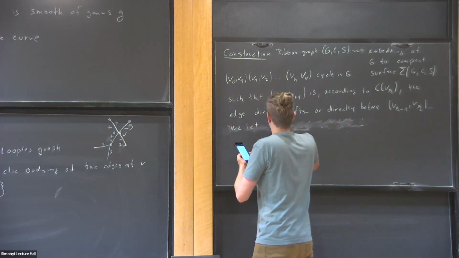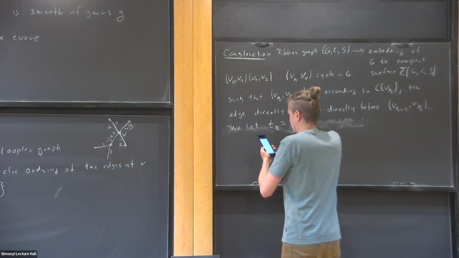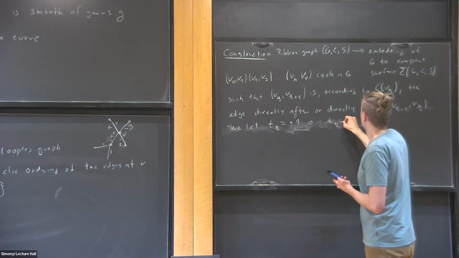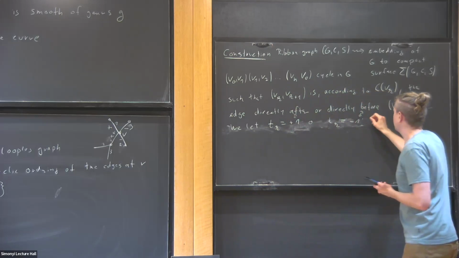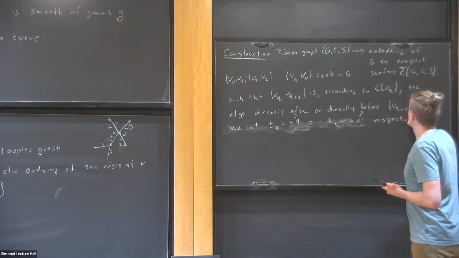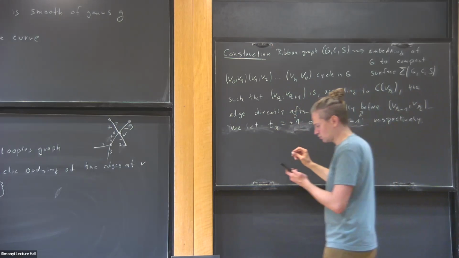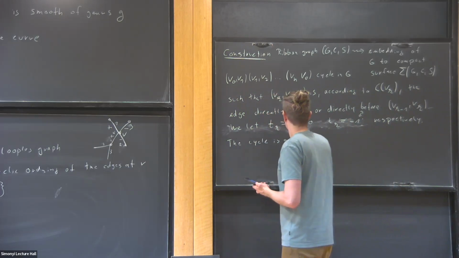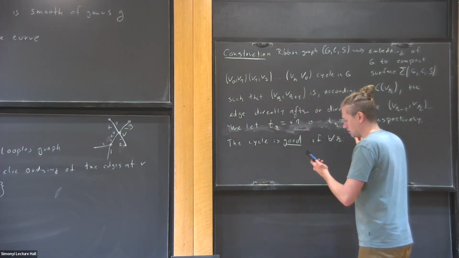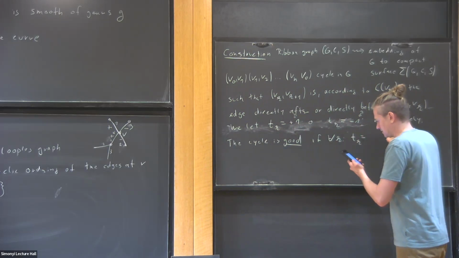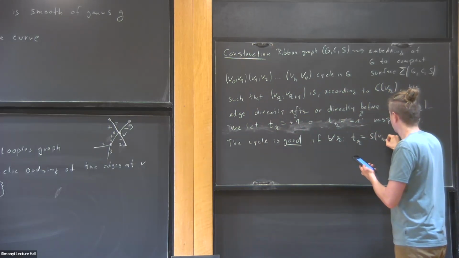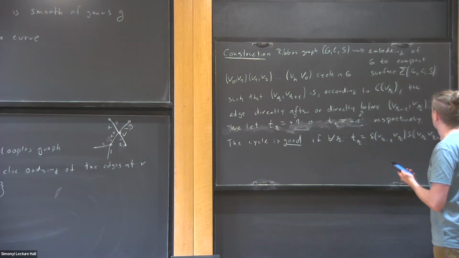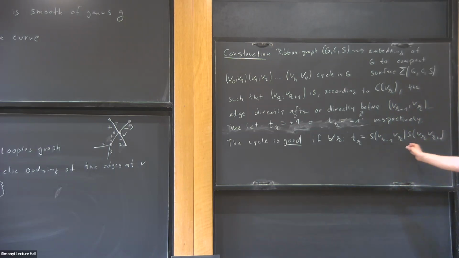So we let Ek be +1 or -1 respectively, and then the cycle is good if for all k, this Ek is the product of the signs that we have associated to the edges.